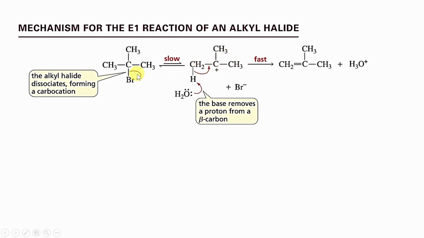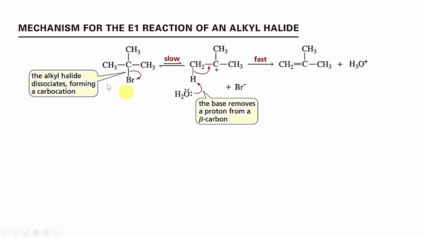Here bromine gets eliminated to form this tertiary butyl carbocation. Then the base, here the solvent water, removes a proton from the beta carbon atom, forming a carbon-carbon double bond between these 2 carbon atoms, or beta elimination takes place to form the alkene 2-methyl propene.